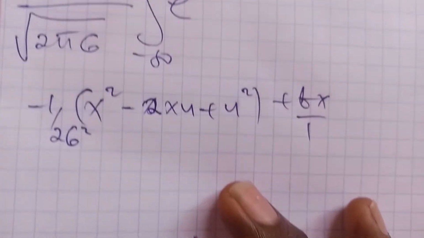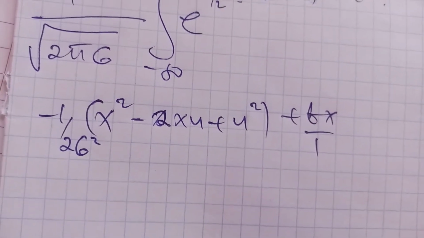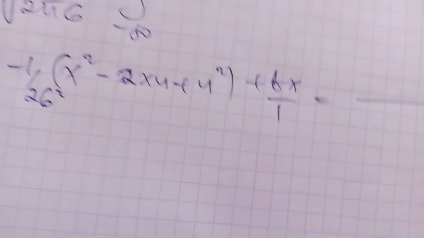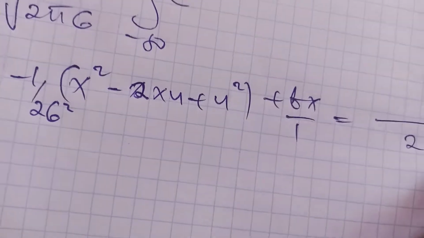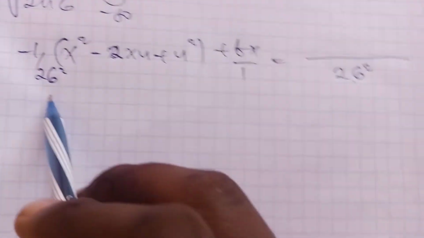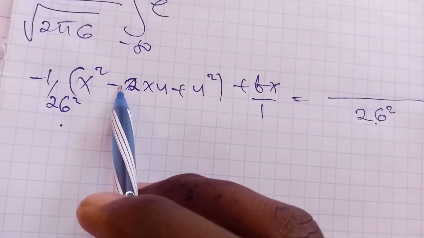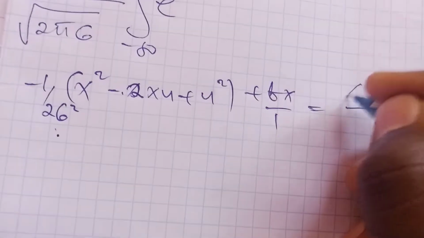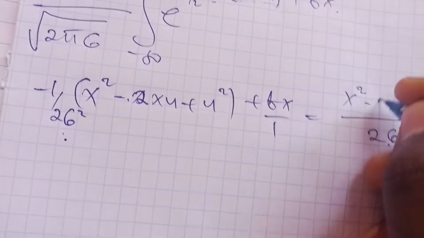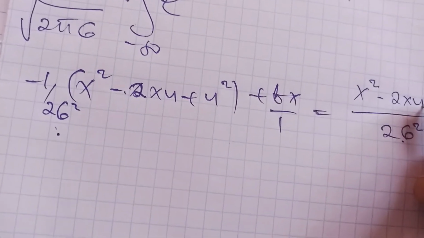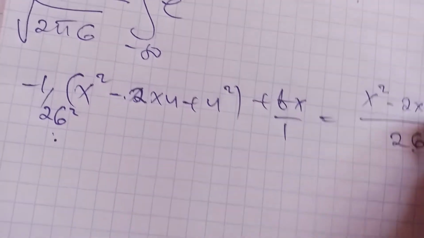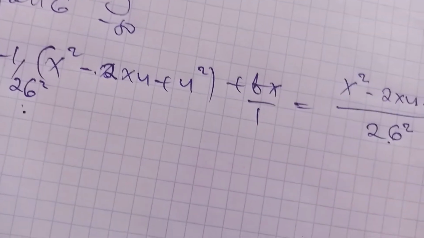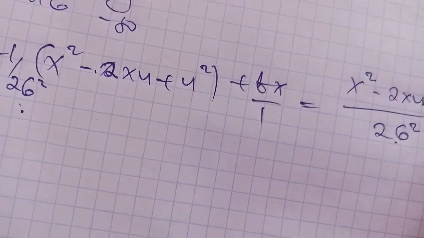Then you can find the LCM of this, which is 2 sigma squared. So you can divide here with this and multiply with it here. So this divided by this is 1, and you'll be left with x squared minus 2xu plus u squared plus tx.